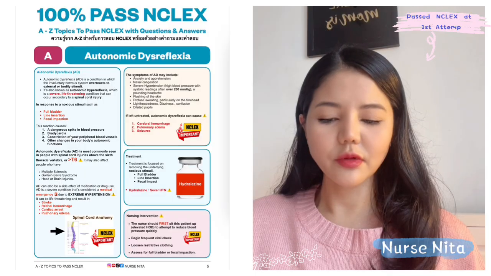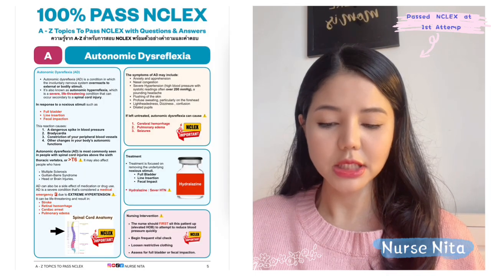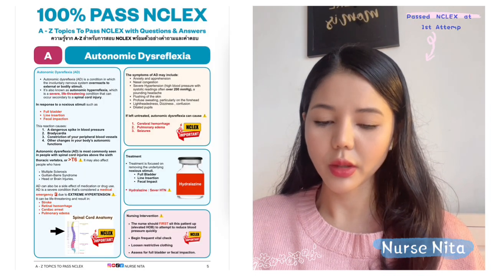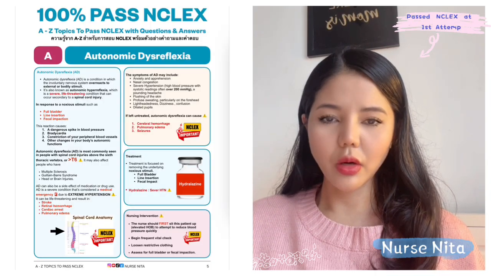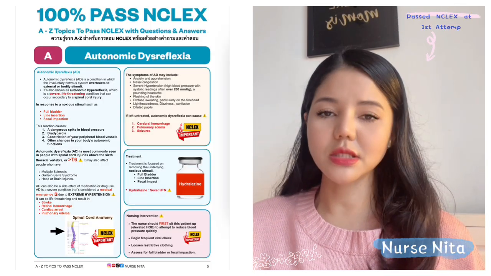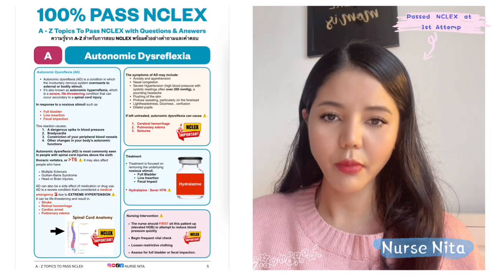Autonomic dysreflexia is most commonly seen in people with spinal cord injuries above the 6th thoracic vertebra, or above T6. This is the key point that you need to remember.